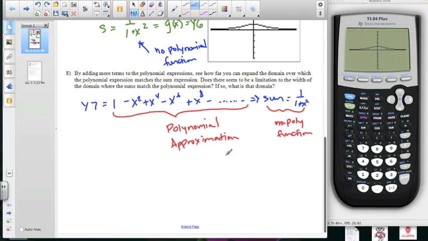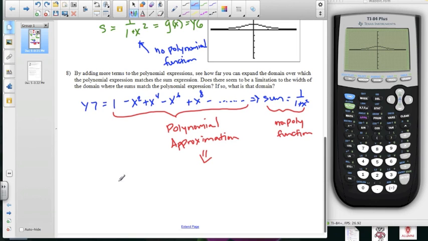So the idea is then, can we use a polynomial approximation for 200 or 300 or 400 terms that would be sufficient rather than using this non-polynomial function? And if so, how far would it match?